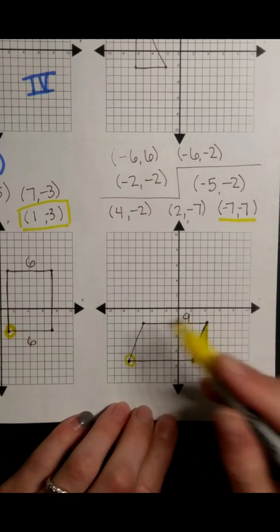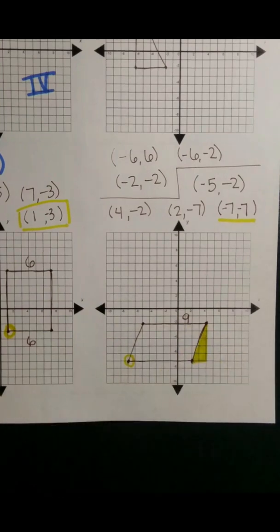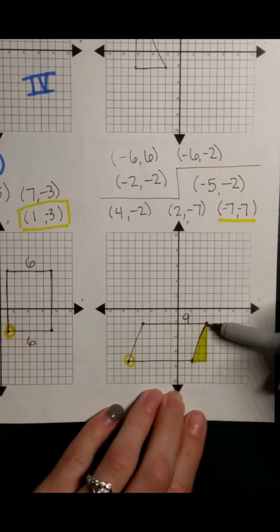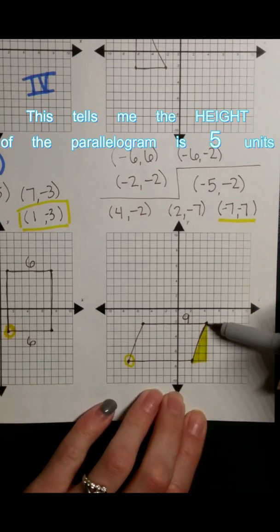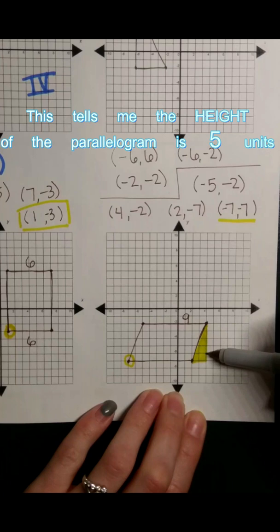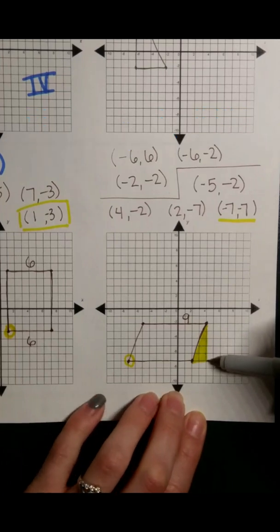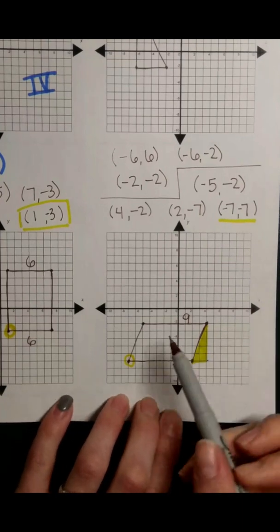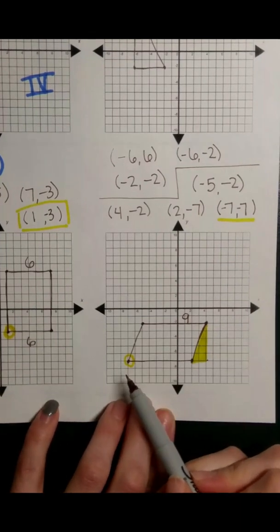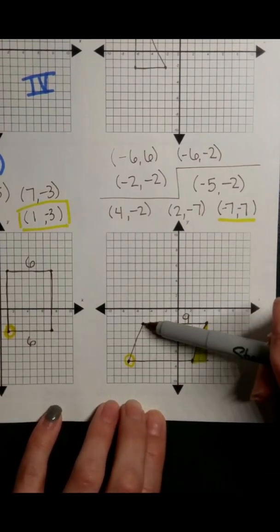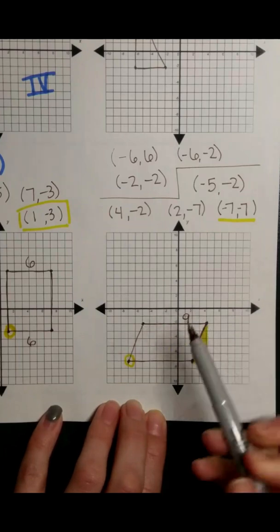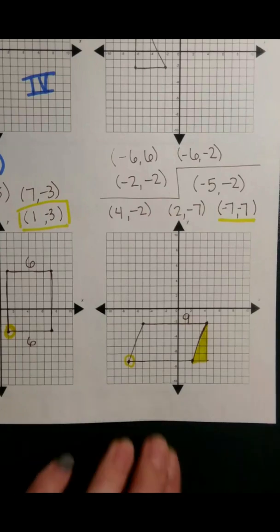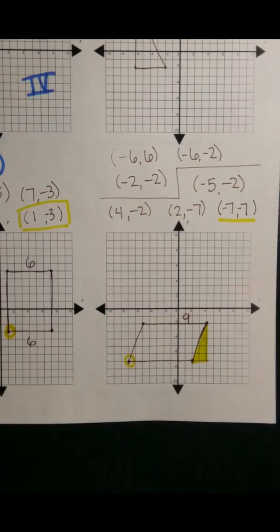Since I know those triangles are the same size, another way I could figure out this missing point, starting at this top corner and counting down 1, 2, 3, 4, 5 spaces and over 1, 2. So then that means to figure out this point that was missing, I could also count down 5 spaces and over 2. So that's another option when you are trying to plot these vertices.